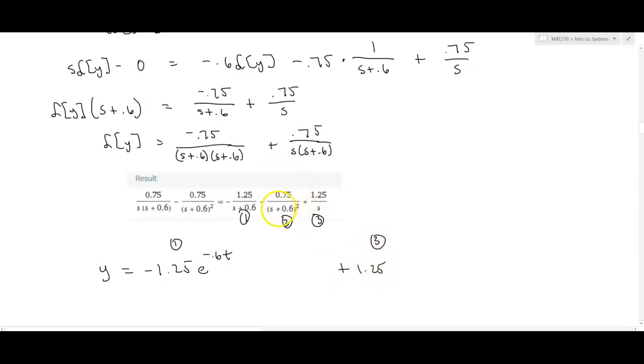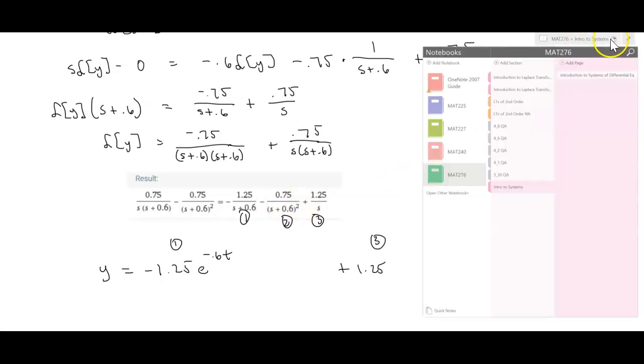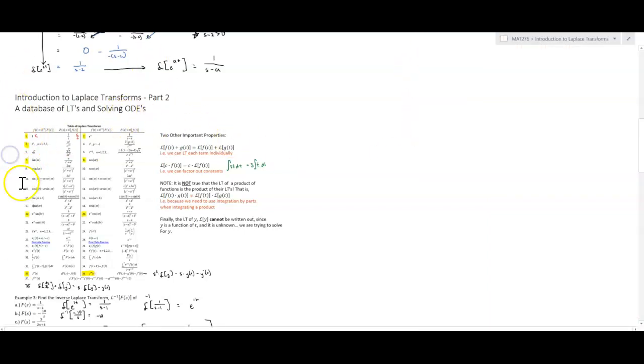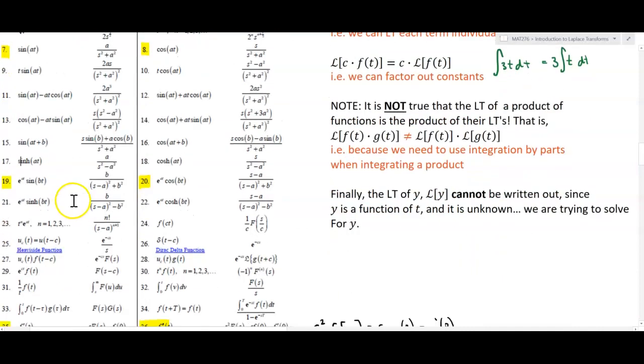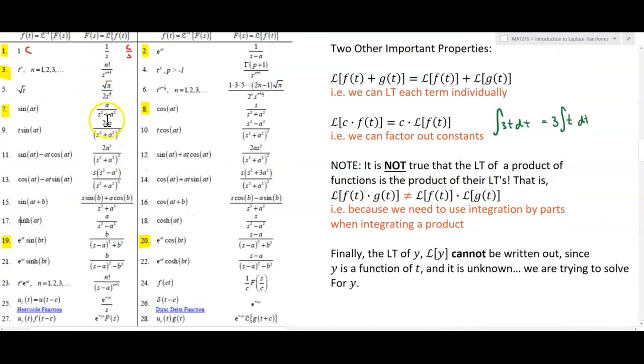But this one's kind of weird because we have s plus something squared as a quantity, and that does not partially fraction decompose anymore. So I'll show you one that we haven't used yet. Sometimes you're going to need to bump into these, not very often. In this table of Laplace transforms, if you take a look at the denominators, some of these have s squares in them, and then the whole quantity squared, that's obviously not what we're looking for.